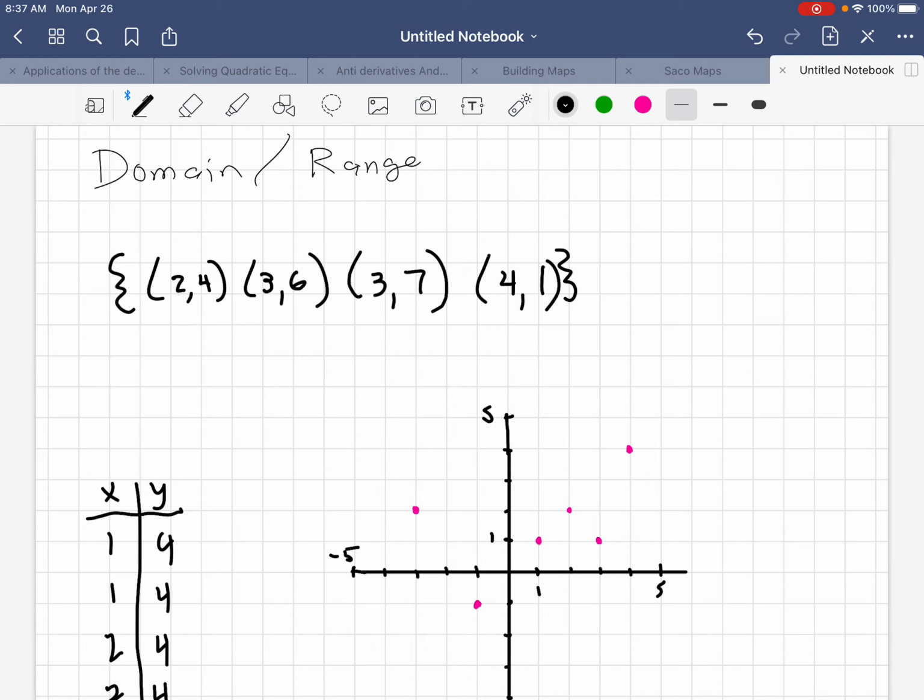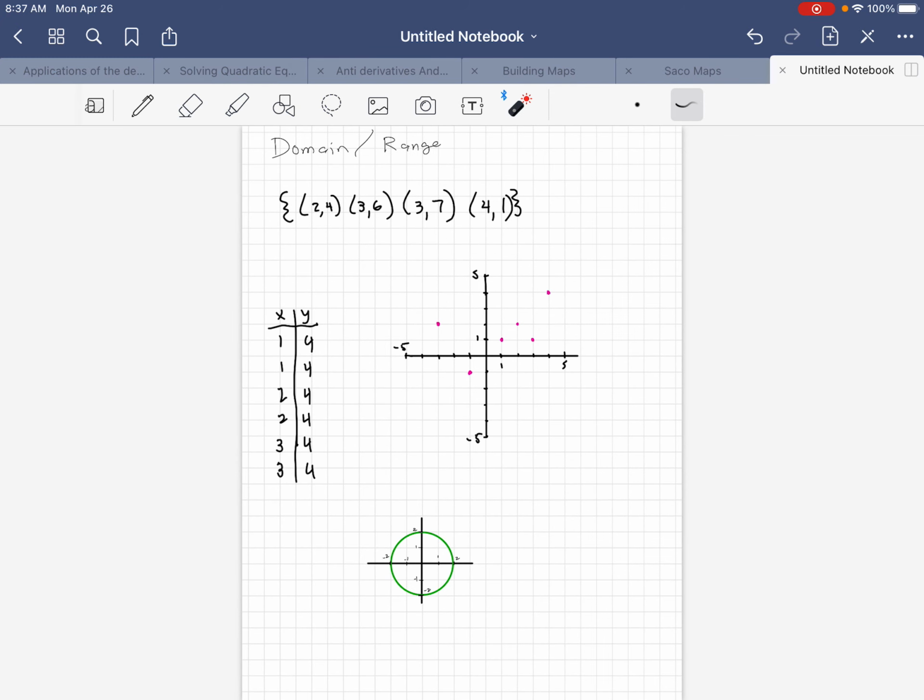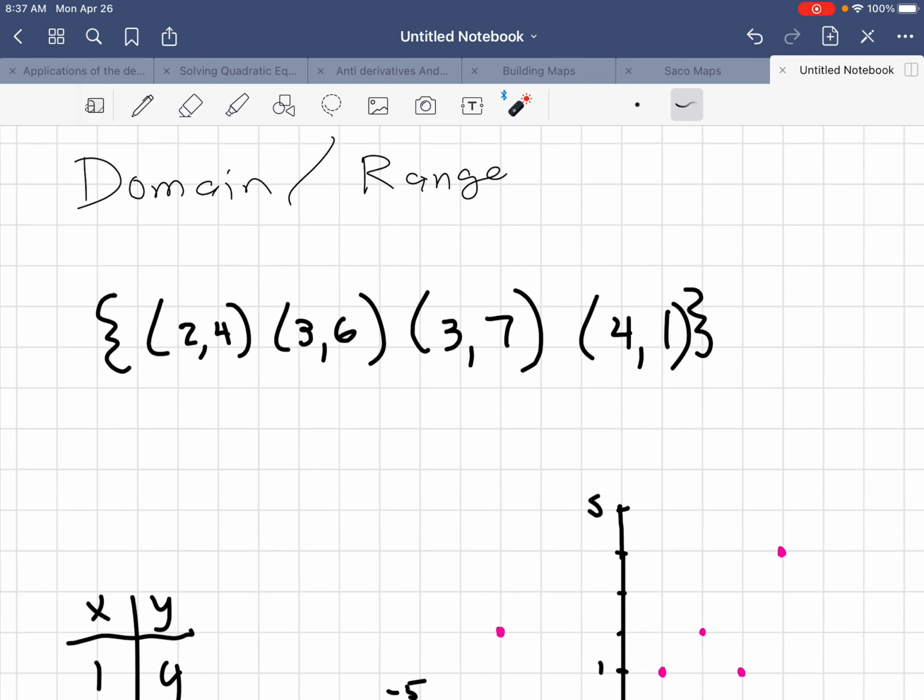Very simply, what we have here are 4 different representations of points. And when you have a representation of points, that is called a relation.